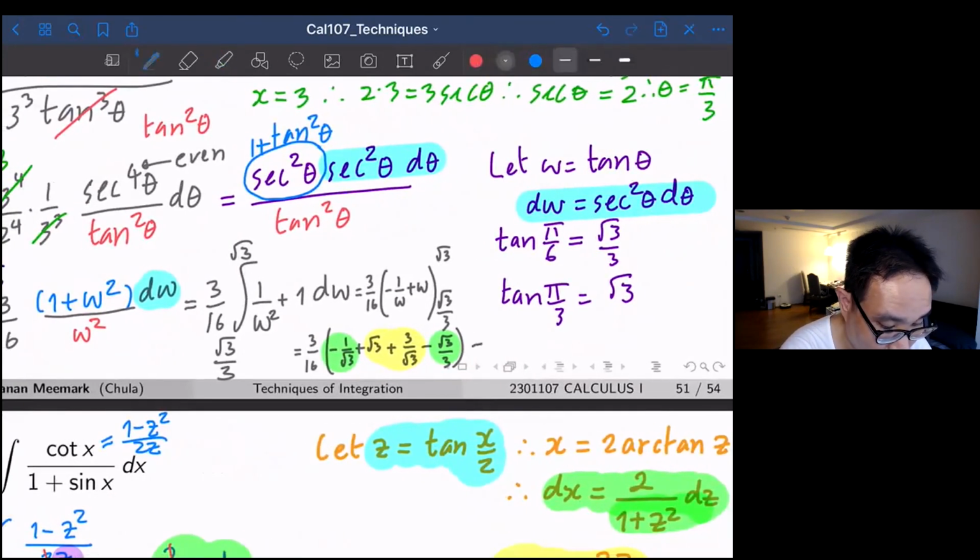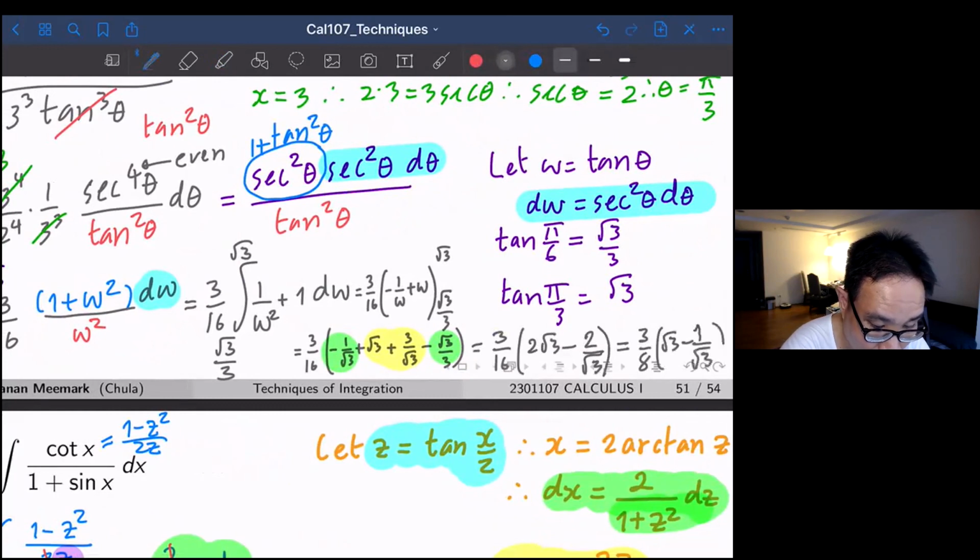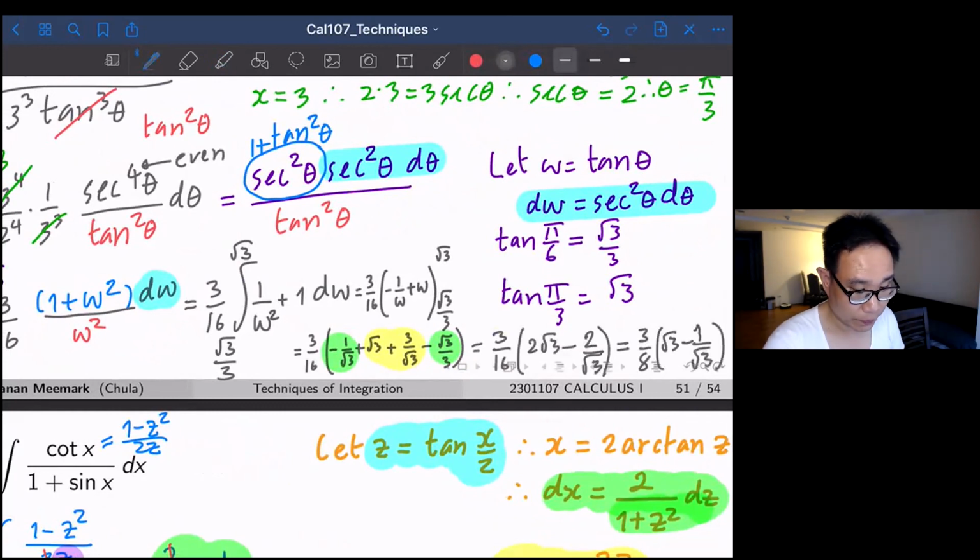So this one will be 3/16, and you have 2 root 3 minus 2 over root 3. It turned out to be kind of nice: it's 3/8 times root 3 minus 1 over root 3 for the final answer.